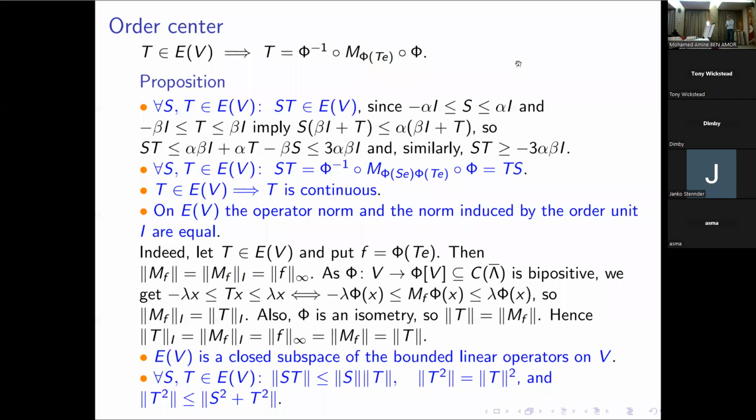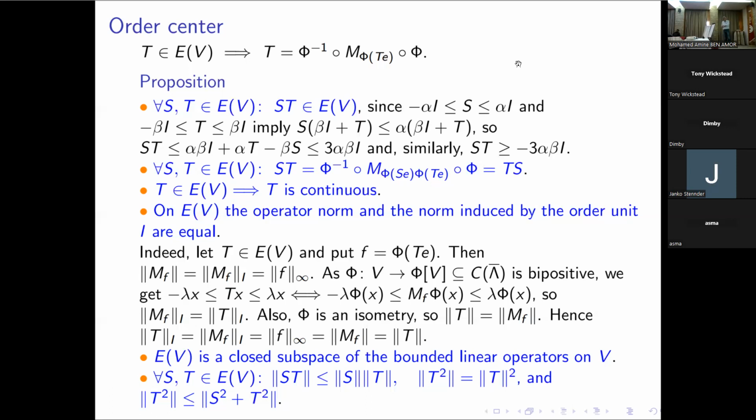And from that, we can derive some more conclusions. So for instance, that the order center is closed under composition. Okay, that goes directly from the definition. It's a bit complicated. So if it is in the order center between two multiples of the identity, the same holds true for T. And then we can add beta I to all sides, then it becomes positive.